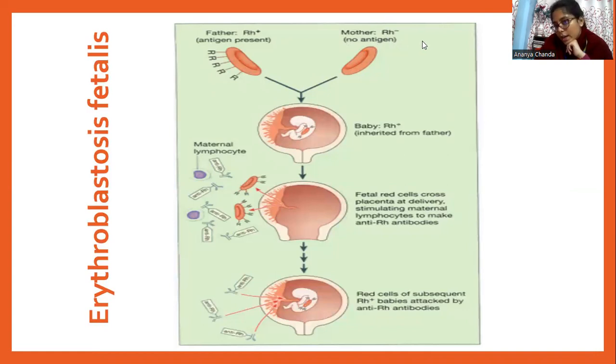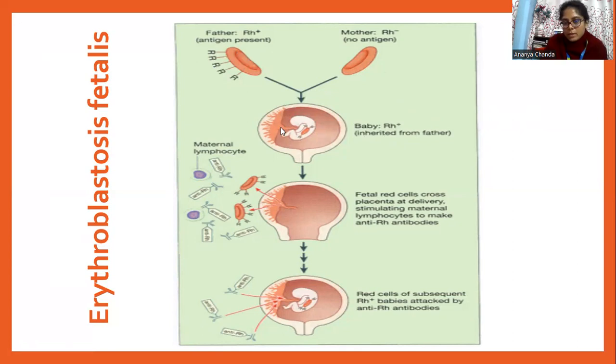So the mother has a negative blood group and the father has a positive blood group. When this mother conceives, the child inherits the blood group type from the father, that is positive. As it is a dominant allele, the fetus will inherit the dominant type of blood group from the father, that is Rh positive.